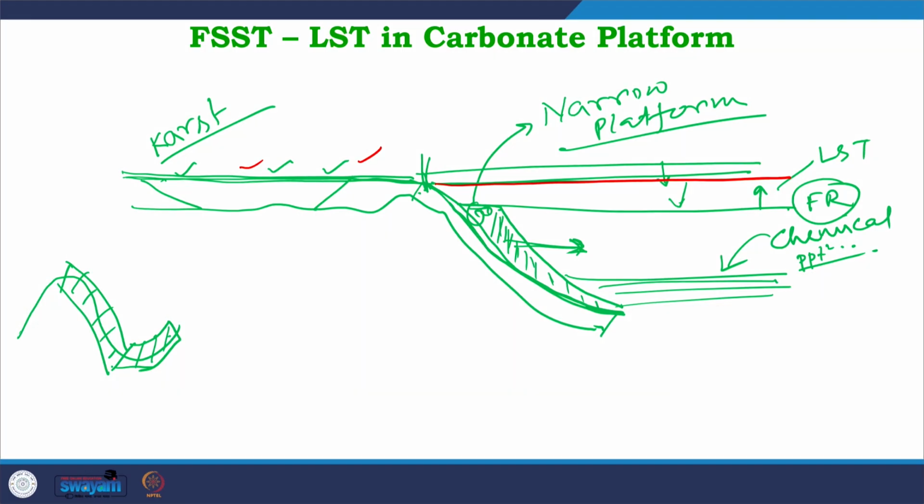So, during the LST as well, this carbonate factory shutdown is very much conspicuous, very much important, and that is the most significant event in LST and FSST in carbonate environments.